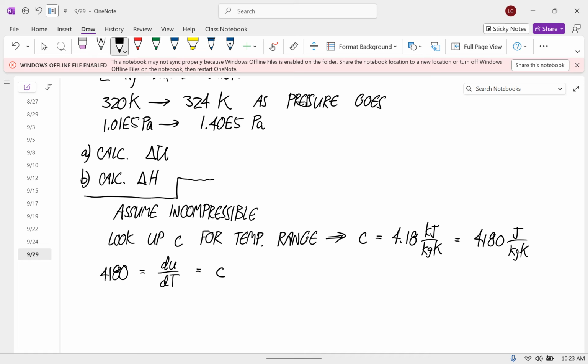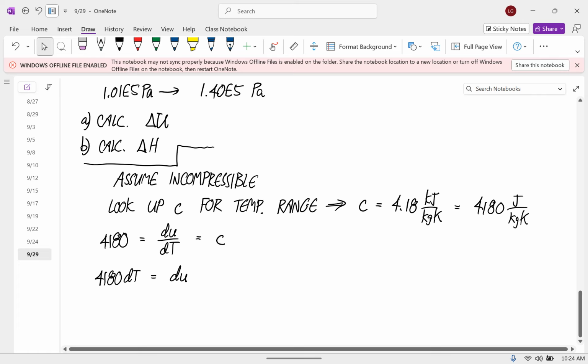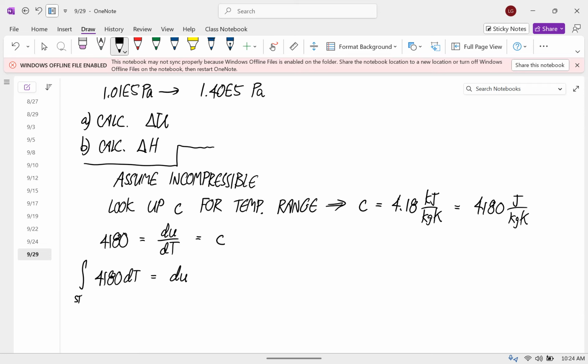So I like to think of this as multiplying both sides by dT. So we can write this as 4180 dT is equal to du. And then we can integrate both sides. So we're going to integrate from state 1 to state 2 in both cases.